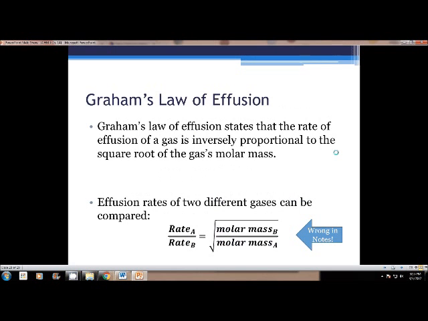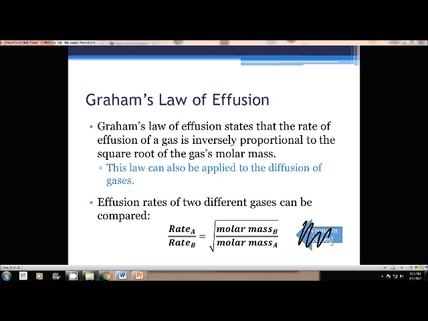With these, we have an equation, Graham's law of effusion, which also can be applied to diffusion. It is in your notes, don't worry about that, where it has this ratio. One thing I want to point out, we're never going to actually just solve for rate A or rate B. We're just going to solve for the ratio.